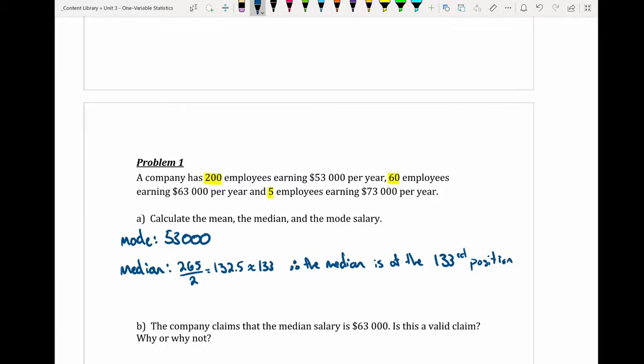And if I'm ordering them from least to greatest, I'm going to have 200 numbers, or the first 200 spots are going to be 53,000. So I know that my median would have to be 53,000.